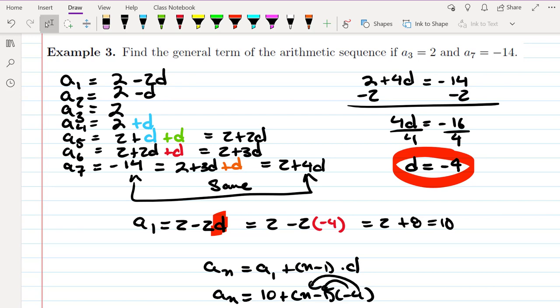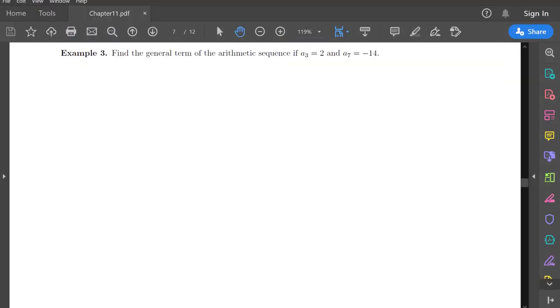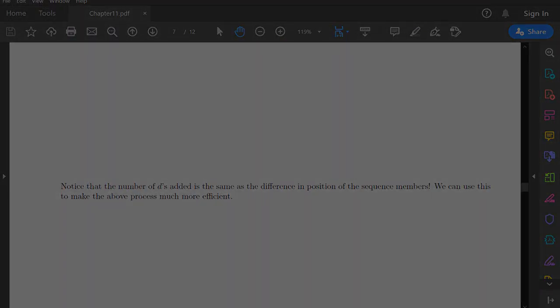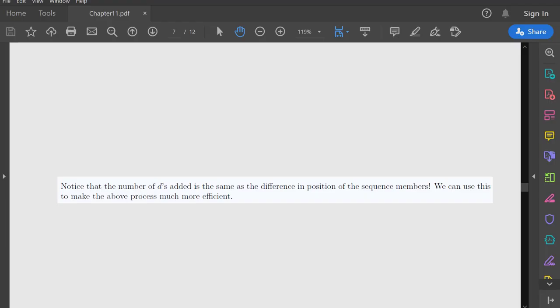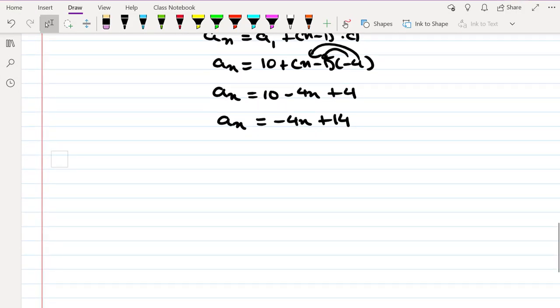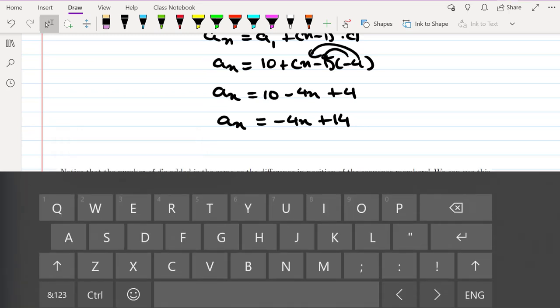But if I was given the 5th term and the 100th term, I wouldn't really want to make a list with 100 things in it. So what we notice is the following, that the number of d's added is the same as the difference in the position of the sequence members. We can use this to make the process much more efficient.